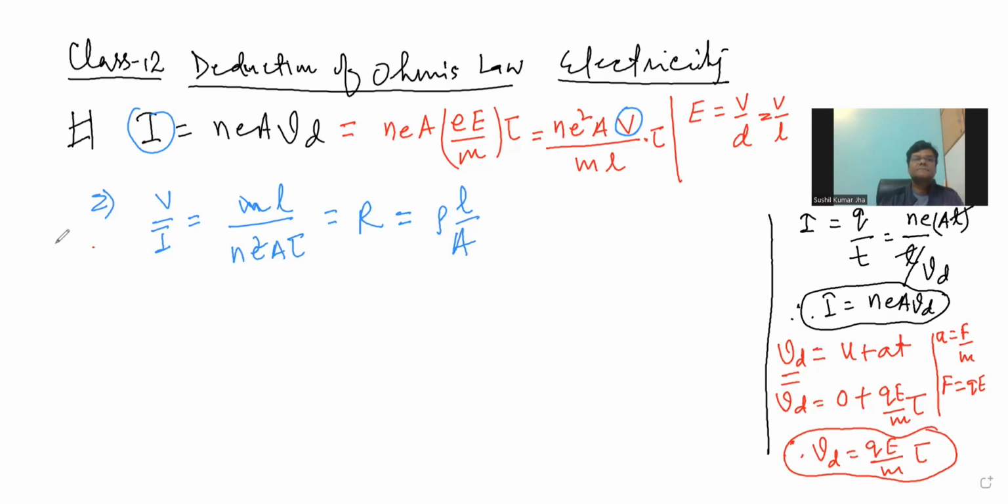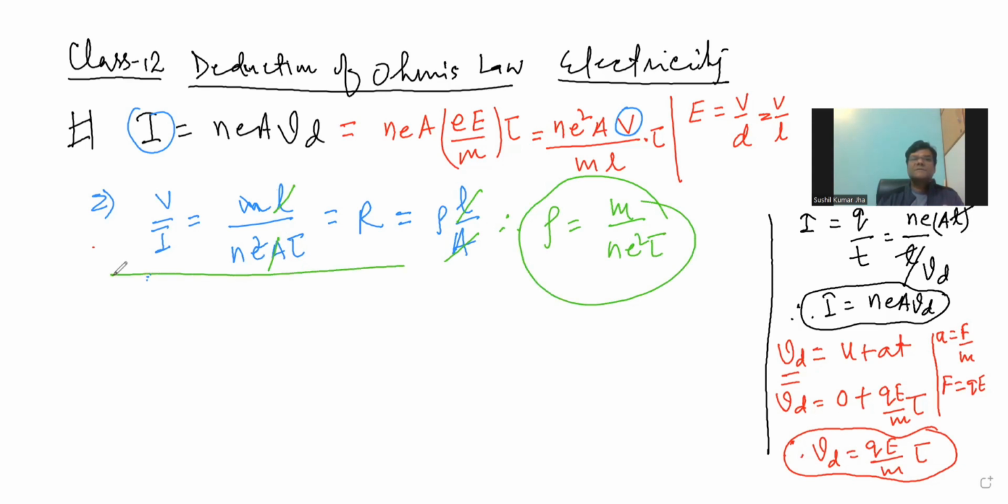So if we look into it, what we can do, this L and A are gone, and therefore we are left with rho is equal to m upon ne squared tau. So up to this is the deduction of Ohm's law, and when we equate the formula for R, we get rho, resistivity, as m upon ne squared tau.